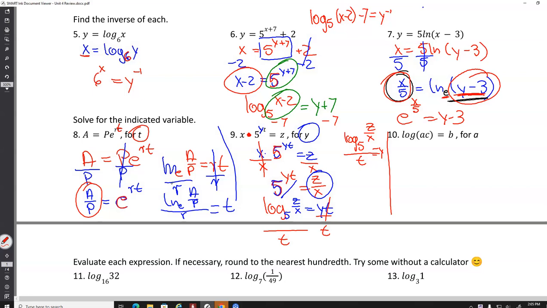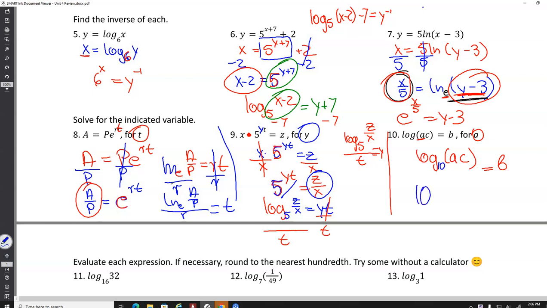All right. And now the last one, you are solving for a. So this already is set up to be ready to turn it into an exponential function, because we don't have anything in the front of the log or added or subtracted from a log. So I know that if not written, it's assumed to be a base 10.